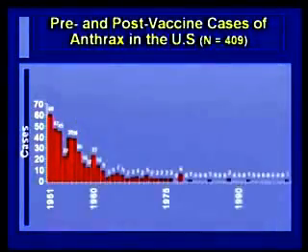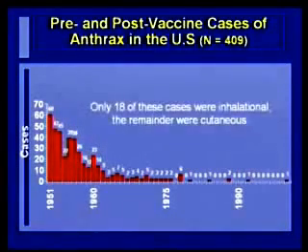And then, as you can see, there's a drastic decrease in the incidence. Every year, 2, 3, 4, 5 cases until 2001. And of all these cases, only 18 were inhalation anthrax. So if you add that, it comes to less than 0.1%.